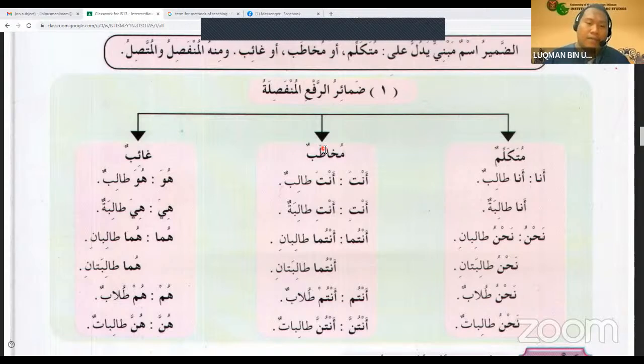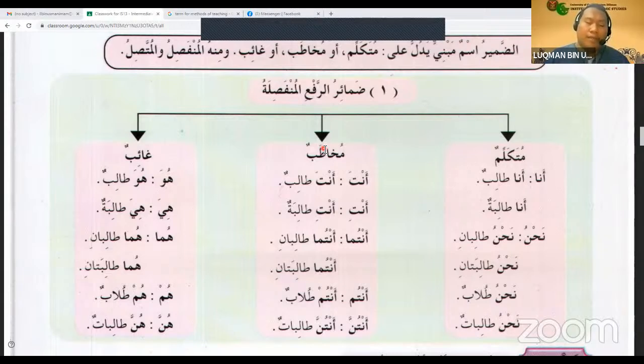Then huwa, this is ghaib, third person. Huwa, he. No, huwa talibun. Hiya talibatun. So hiya is she. Huma, share dyan yung masculine and feminine. So they, no, they two, dalawa sila. Pwedeng dalawang babae, dalawang lalaki, o isang lalaki, isang babae. So pag dalawa sila, you will still use huma.